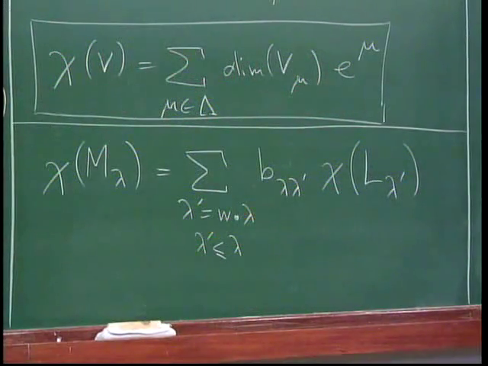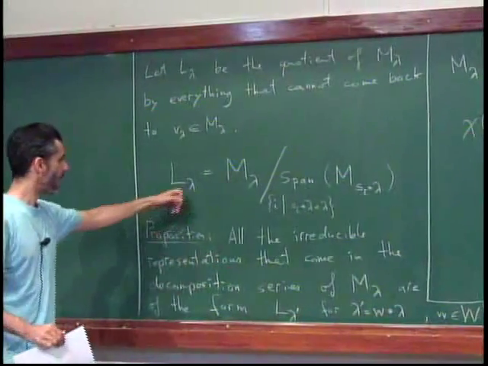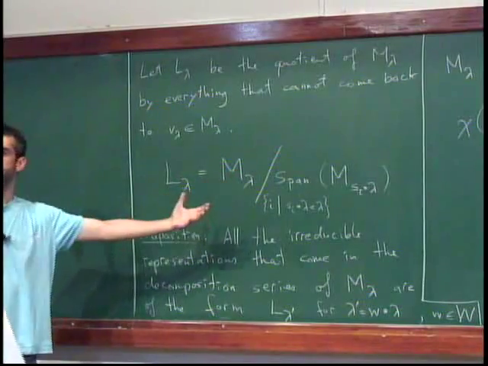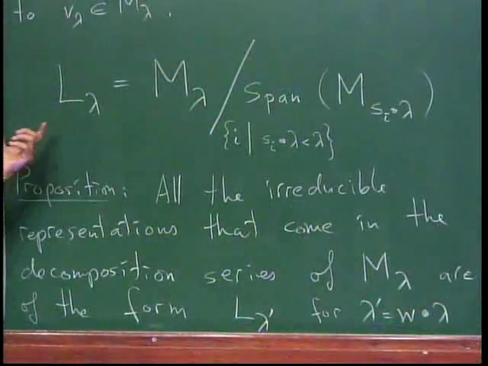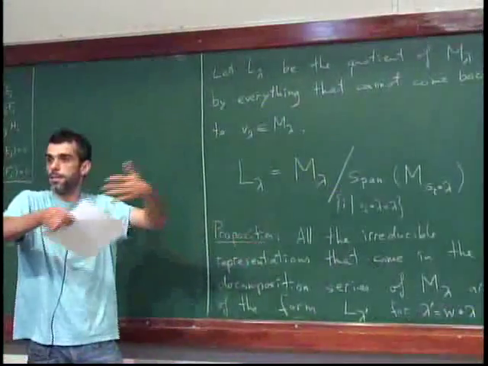Right? I mean, if I have a decomposition series for M lambda, then it means that the character of this M lambda is the sum of the characters of the corresponding L lambdas that show up in this decomposition series.